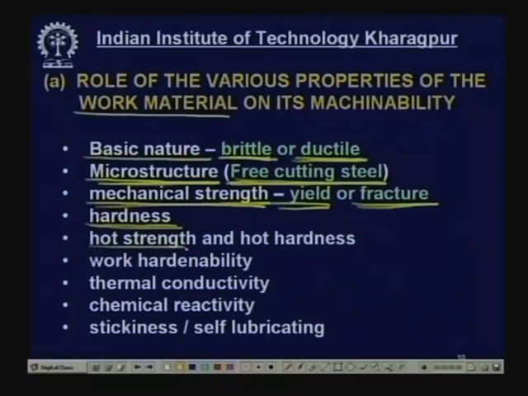Then hot strength and hot hardness. Usually the strength of the work material comes down during machining due to high temperature. When you machine at higher speed, because of the high temperature, the strength of the material slightly falls, and that helps machining and improves machinability. If the shear strength falls, then the cutting force will fall and other benefits will follow.